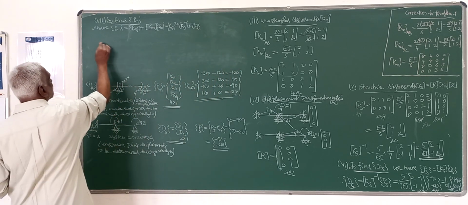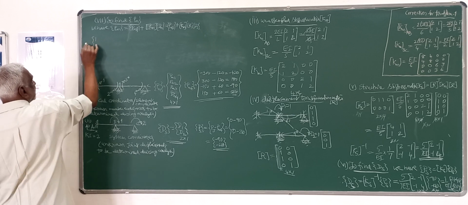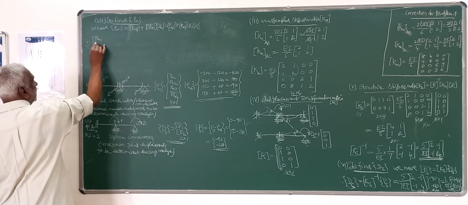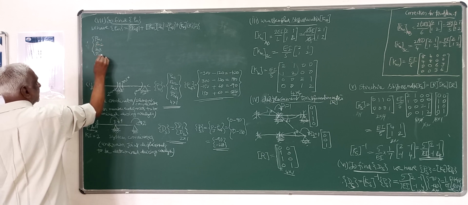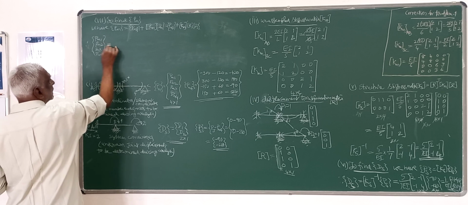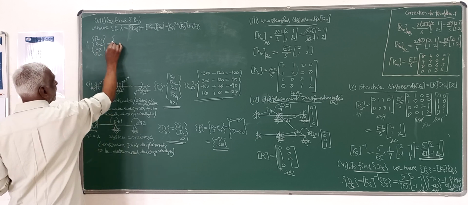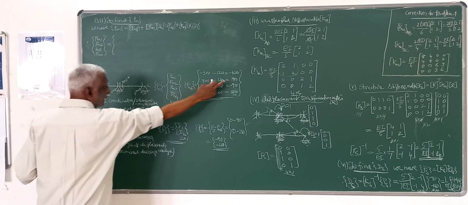So this PM is nothing but PM1, PM2, PM3, PM4. That is the fixed elements. That is equal to PMF, which I have generated.